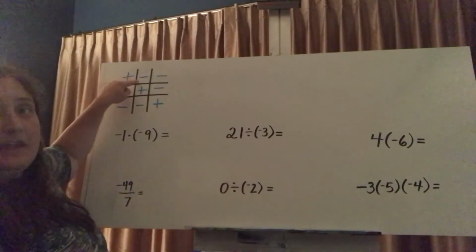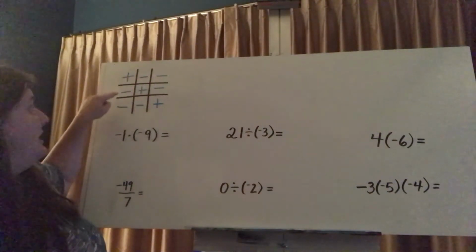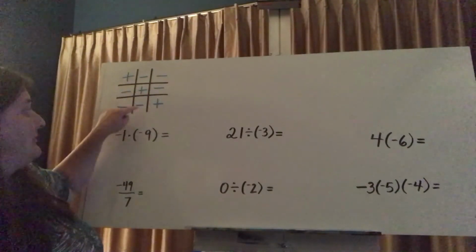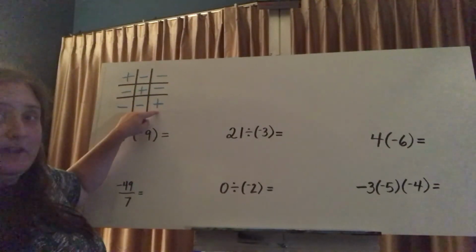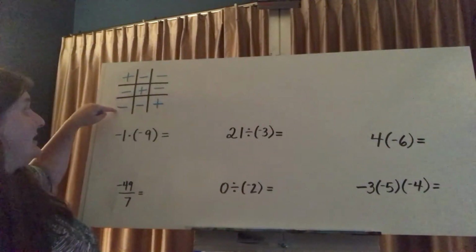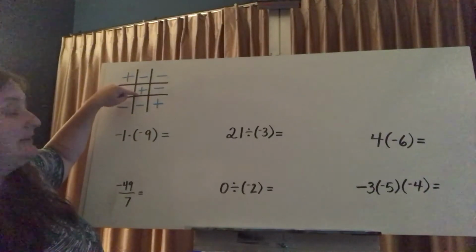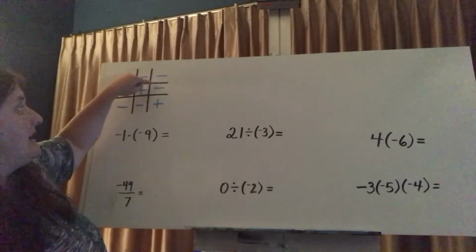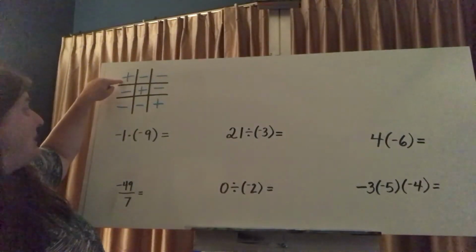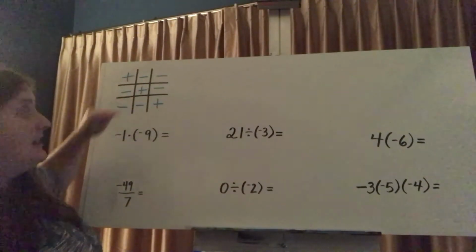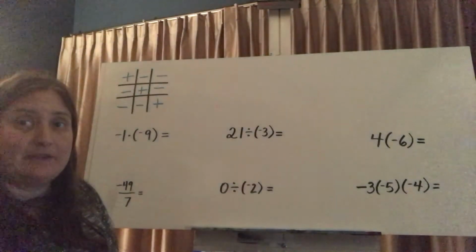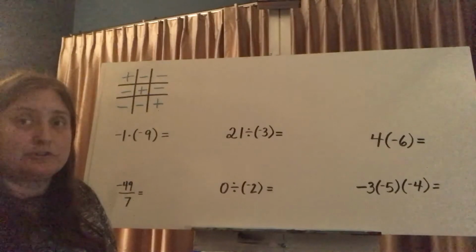A positive times a negative gives me a negative. A negative times a positive gives me a negative. A negative times a negative gives me a positive. It also works vertically. Positive times a negative is a negative. Negative times a positive is a negative. 2 negatives would give me a positive. Diagonally, it'll also work. A positive times a positive is positive. A negative times a positive is negative. And the rules for multiplying and dividing are the same, so that will also work for your division rules.